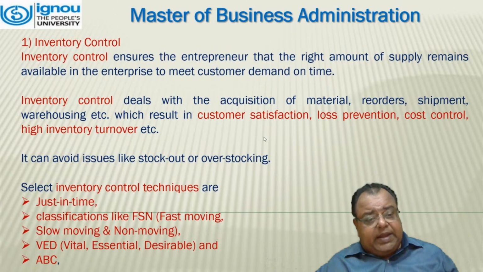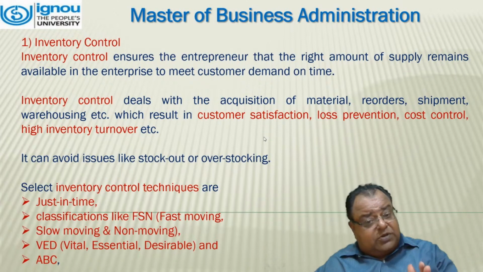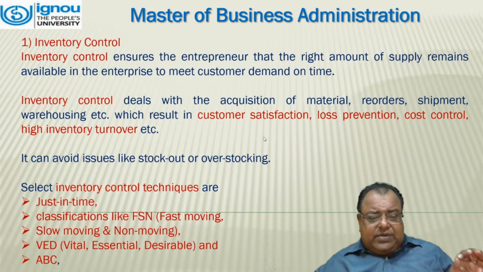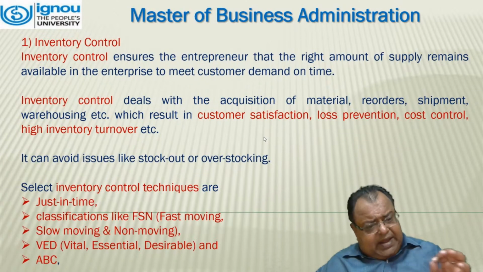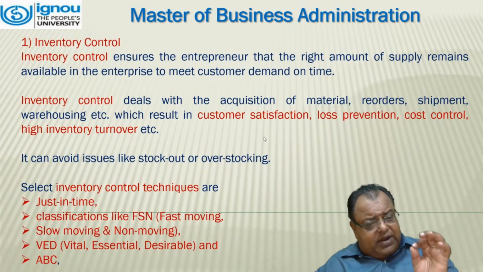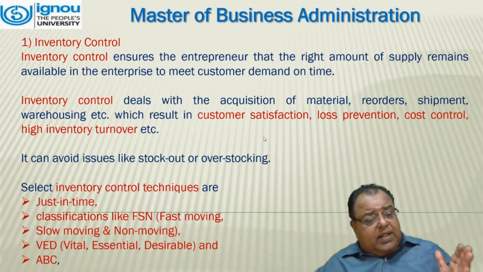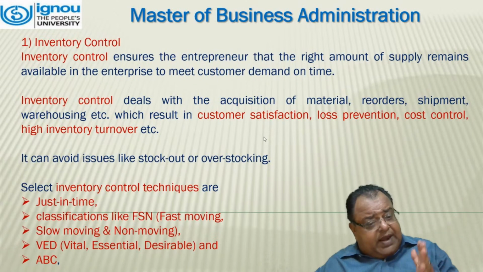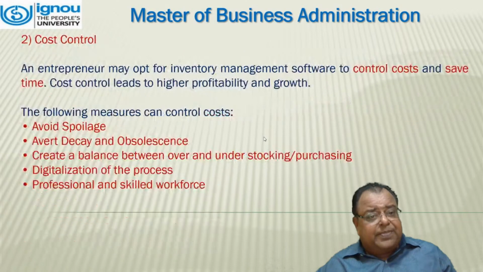It can avoid issues like stock out or overstocking. We have to select any one of the inventory control techniques, such as just-in-time, and classification like FSN. FSN is fast moving, slow moving and non-moving. VED is vital, essential, desirable, and ABC is always a better control concept.